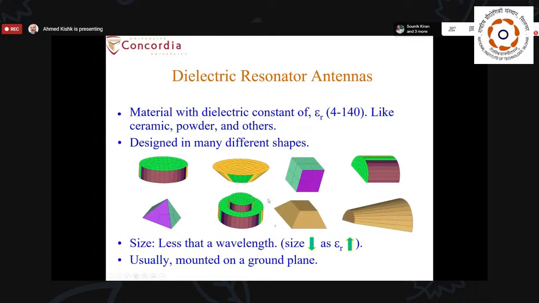So the size of these to resonate at the lowest order modes is, of course, inversely proportional to the dielectric constant. That means that you can control the size by choosing the proper dielectric constant. And most of the time, these dielectric resonators are mounted on a ground plane.